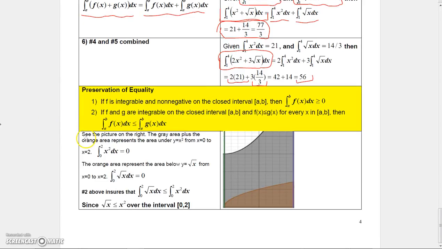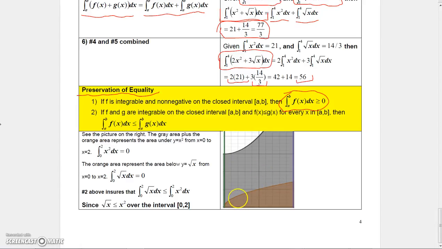And then I want to end this section on a couple of properties that preserve the inequality. If f is integrable and non-negative on the closed interval, then that integral over a to b must be greater than or equal to 0.